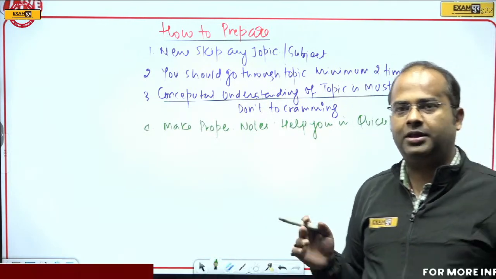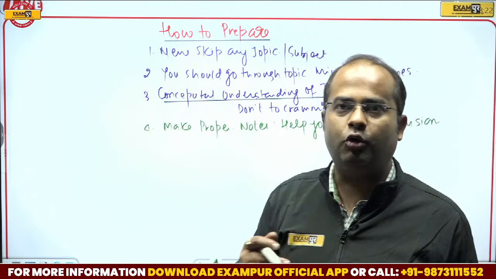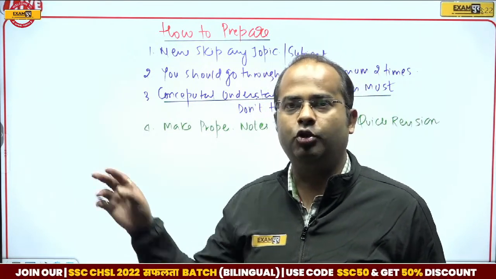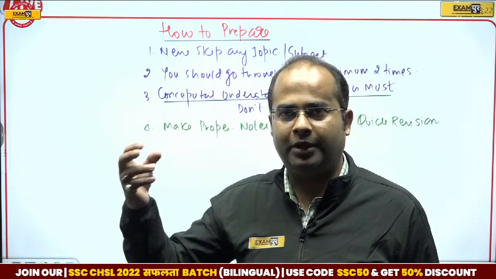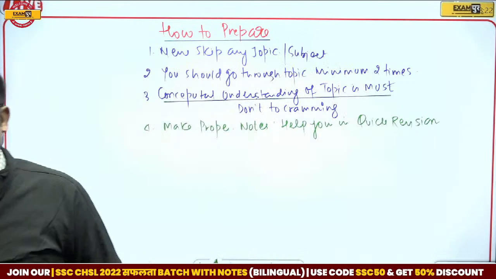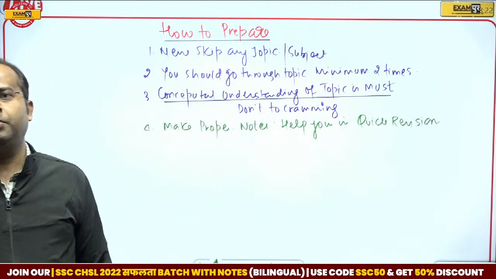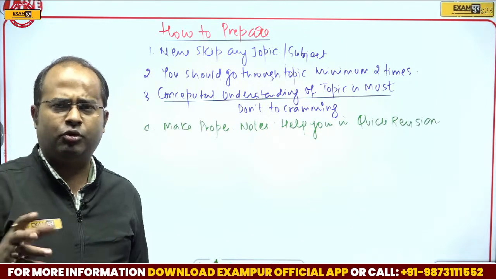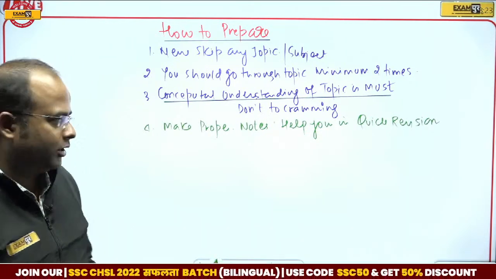And without understanding the topic, do not go for cramming, because if the question gets twisted, you may land in trouble. If the two options are very near, you have only one choice, either to take the risk or to leave the question, and in both situations it is not going to help you a lot.